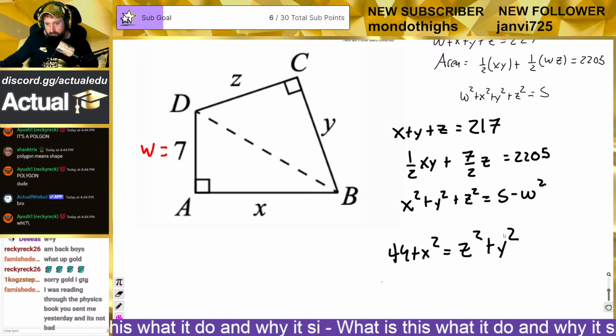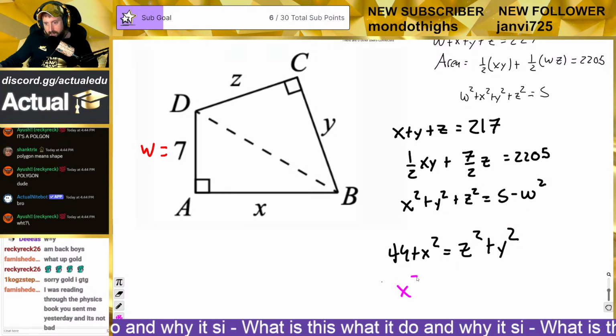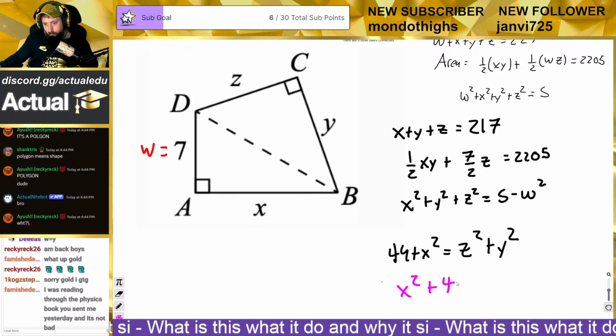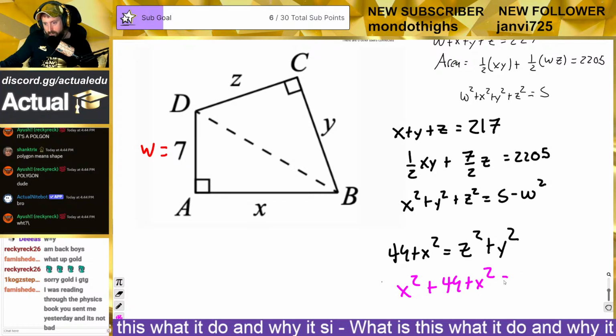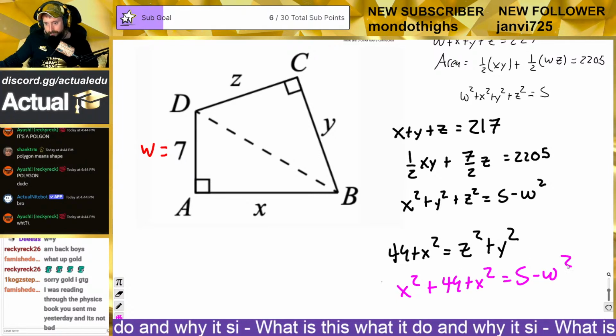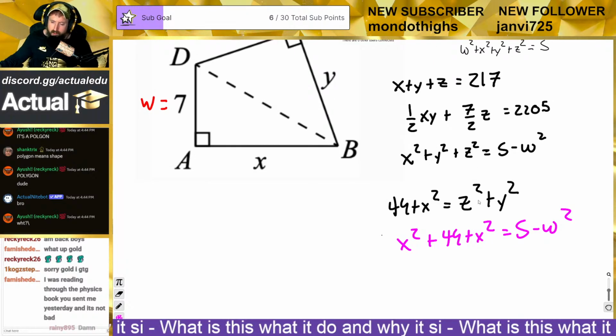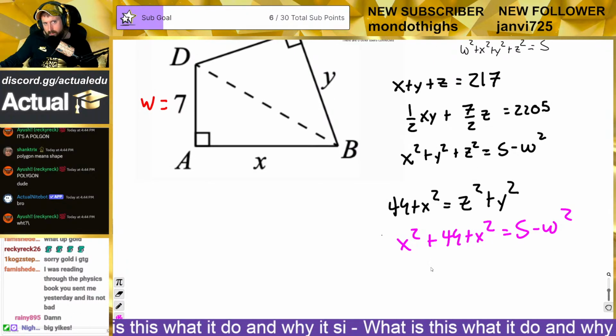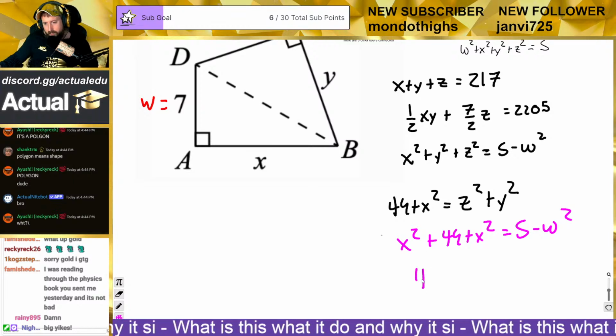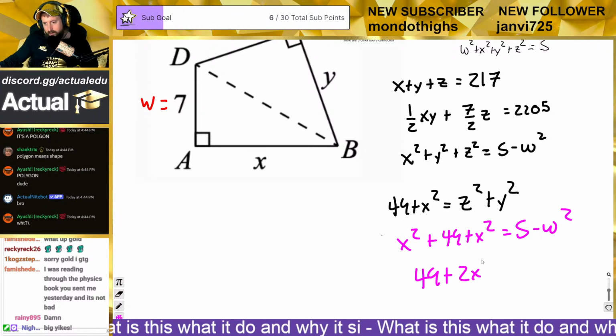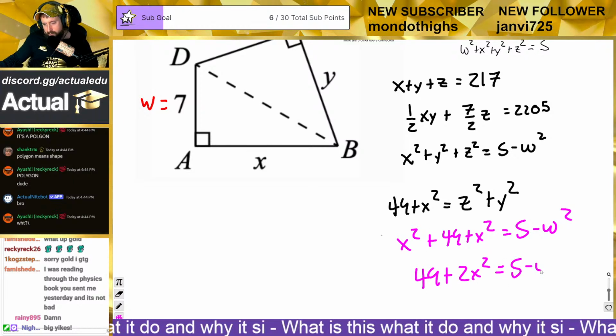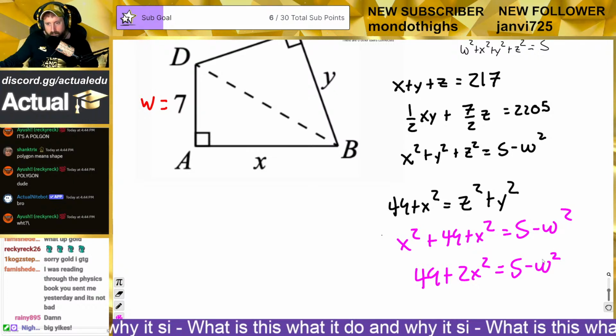This is this. So we can say that X squared plus 49 plus X squared has to equal S minus W squared. Yeah, that's pretty cool, isn't it? Okay, so 49 plus 2X squared has to equal S minus W squared. Oh, wait, we already have W squared. W is 7.